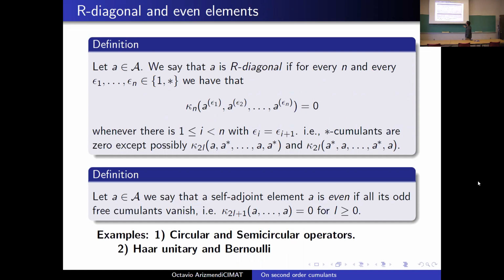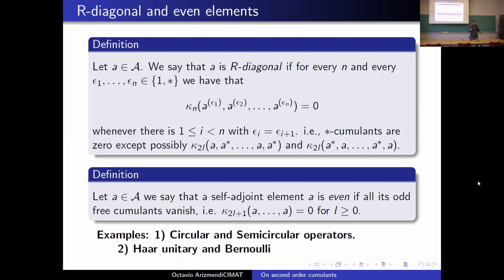Now, the two objects that I want to analyze today are called R-diagonal elements. I am in a star algebra, and I have A and A star. I assume that the only non-vanishing cumulants are the ones which alternate A, A star, A, A star. Otherwise, it is 0.